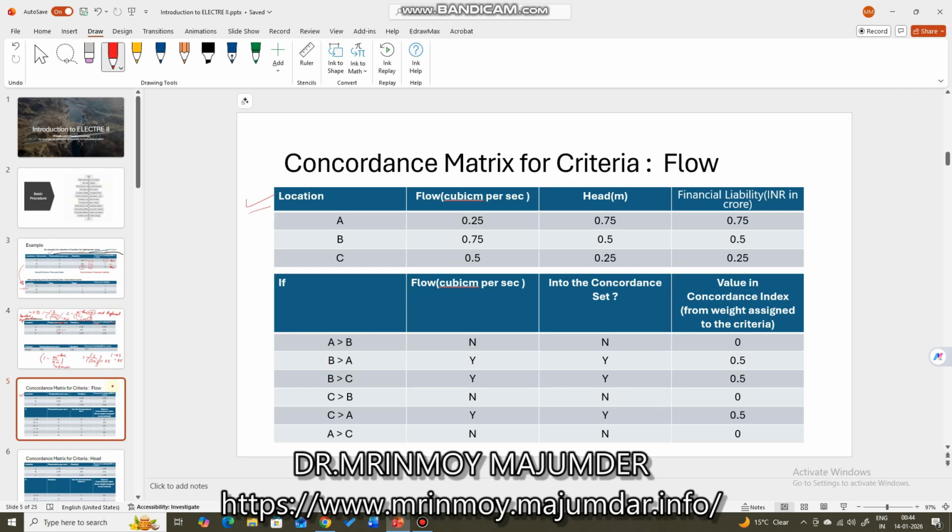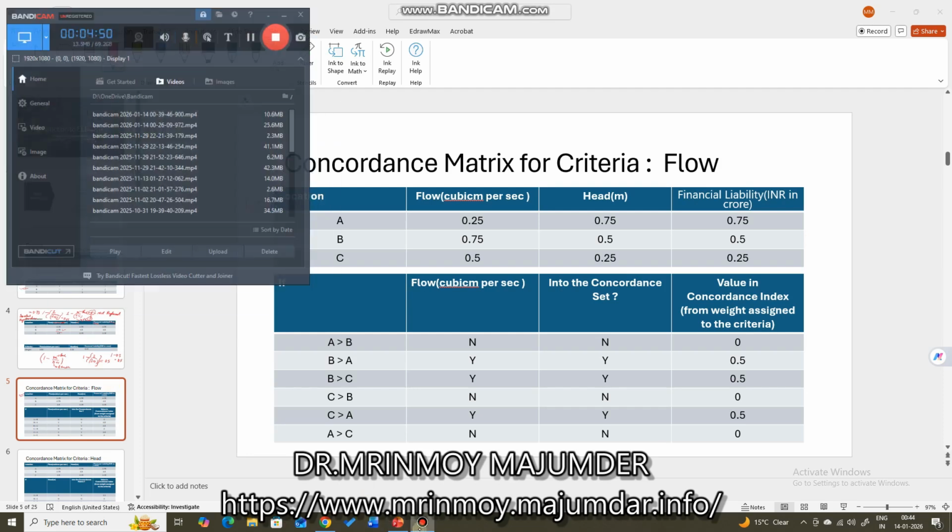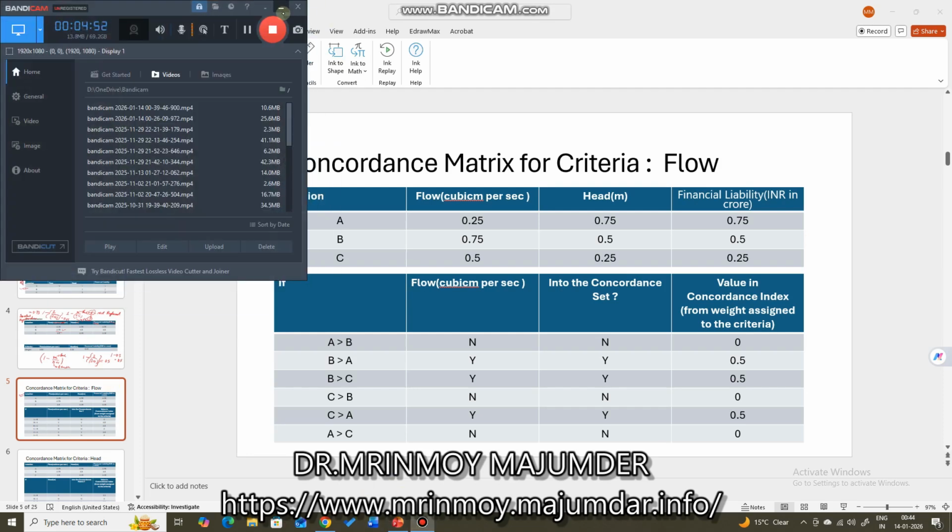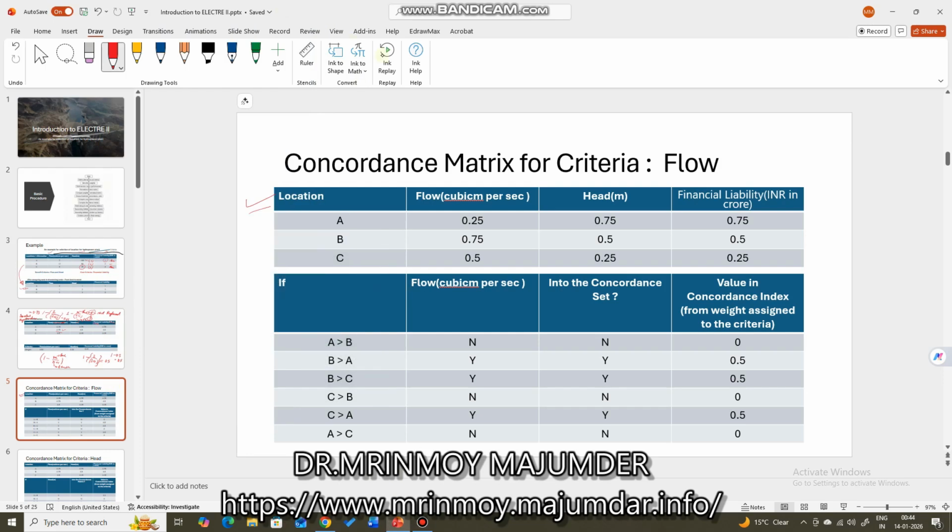Now, how? I am asking the question: does A outrank B with respect to flow? Now go to this normalized matrix. By comparing the values of A and B, you can find A is not greater than B. It is correct because the value of A is 0.25, the value of B is 0.75.